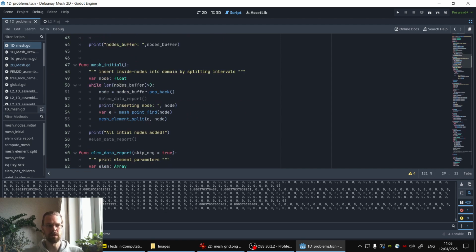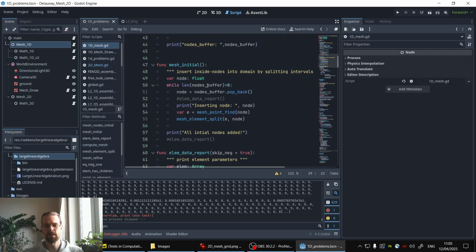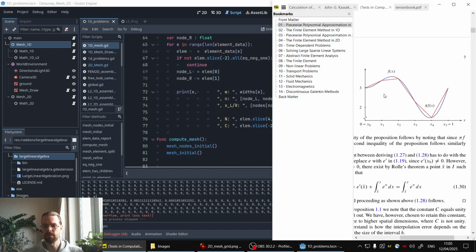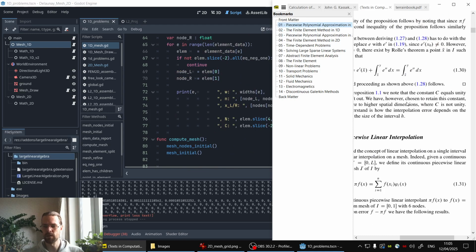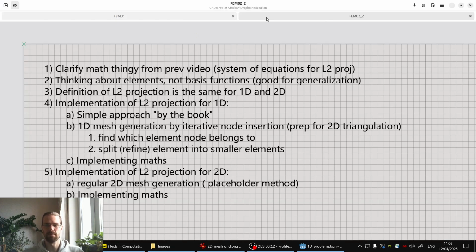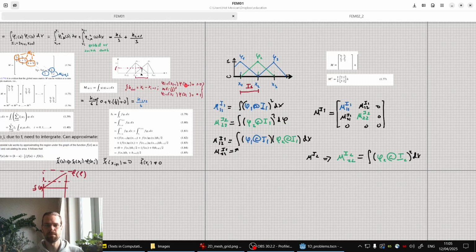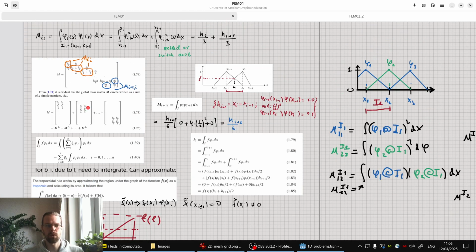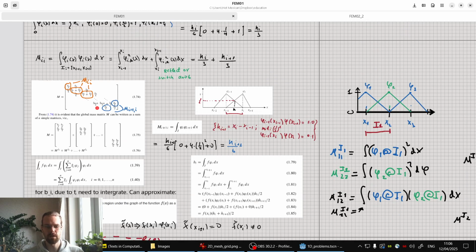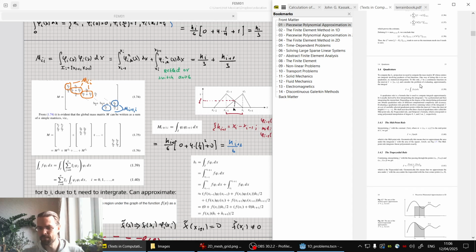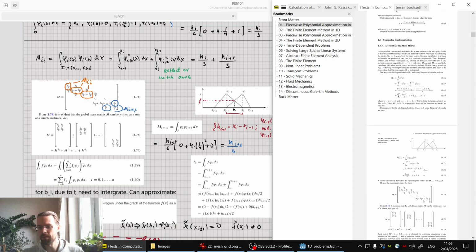We will return to this, but what we have to check is how they implement it in one dimension. I think we already saw. I guess it's mentioned here. Okay, the whole algorithm is not shown, but it's very simple.